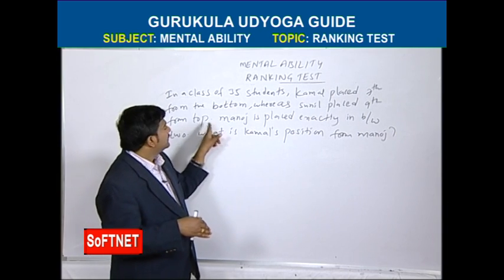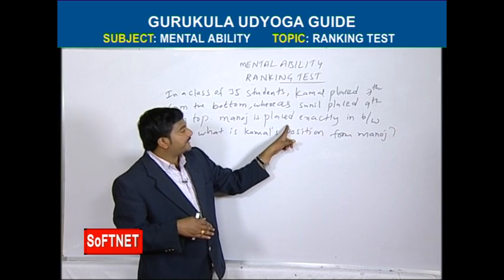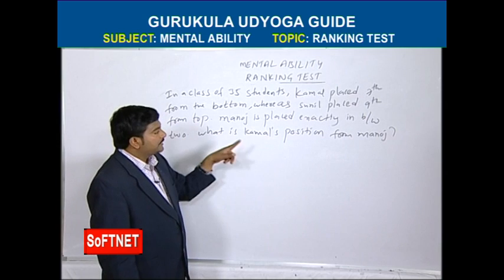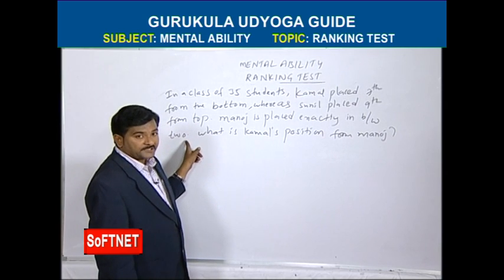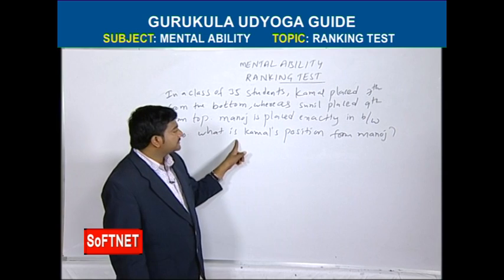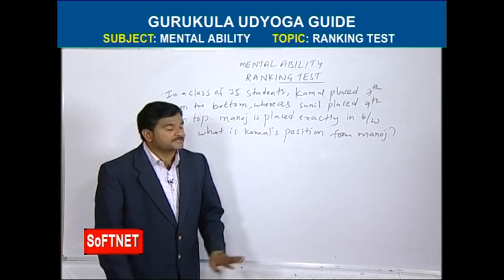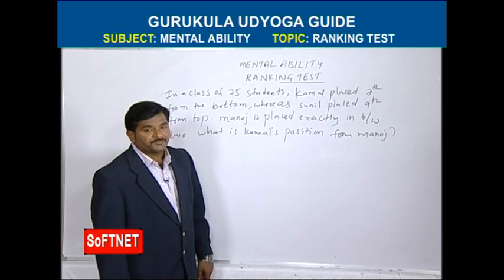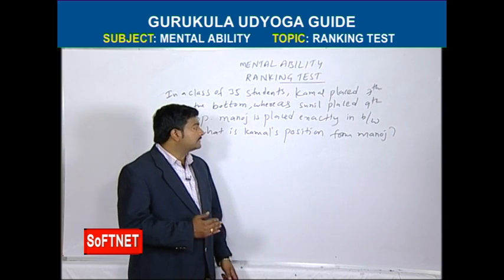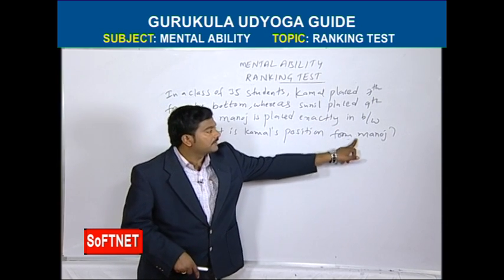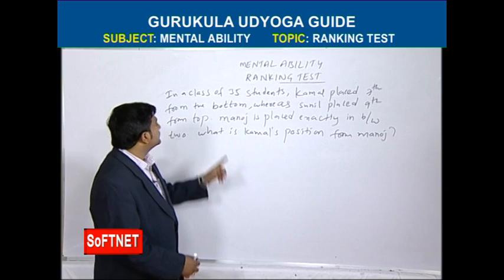Now Manoj is placed exactly in between the two. What is Kamal's position from Manoj? He doesn't want the total students; he only gave the total, 35. He asked to find out Kamal's position from Manoj. It's a simple concept.